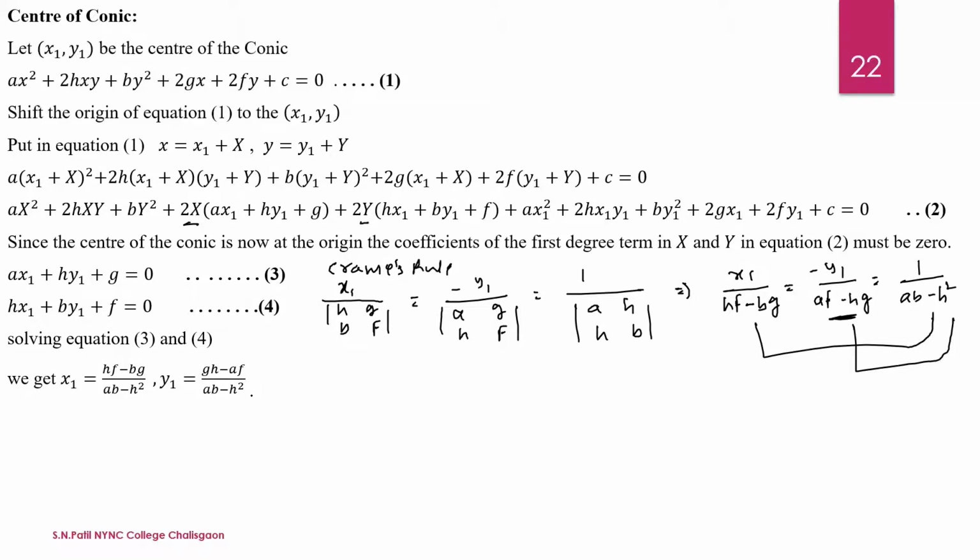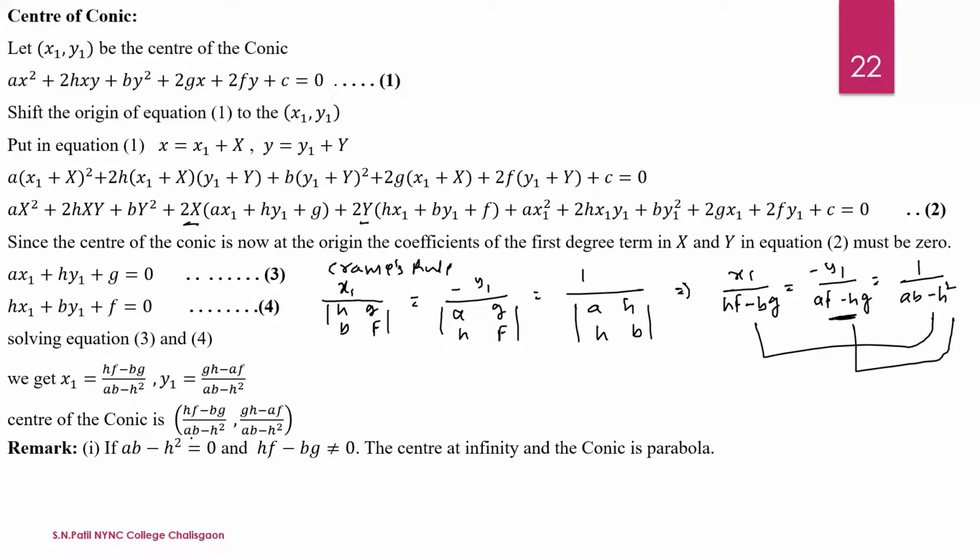Now this is the center of the conic. Now we discuss the case of the value of ab minus h square. If this value is 0, then what will it represent? It means the center of the parabola, this is a quadratic equation, is at infinity.